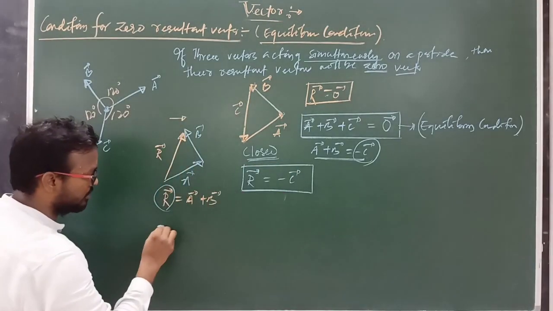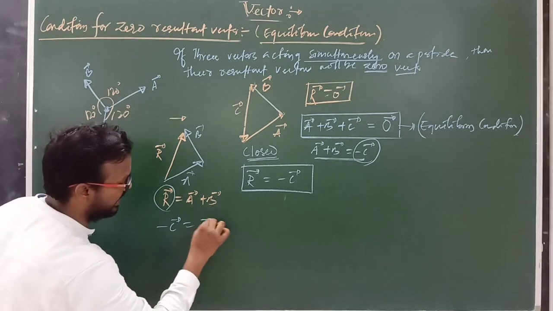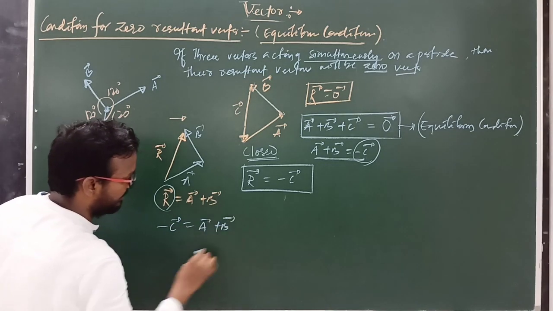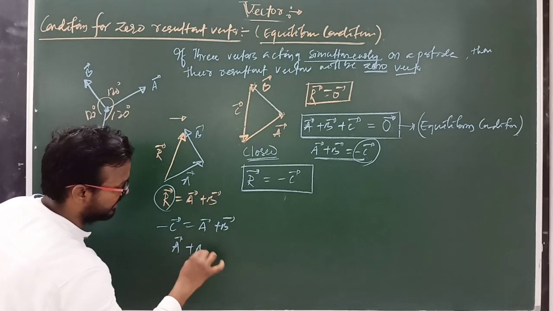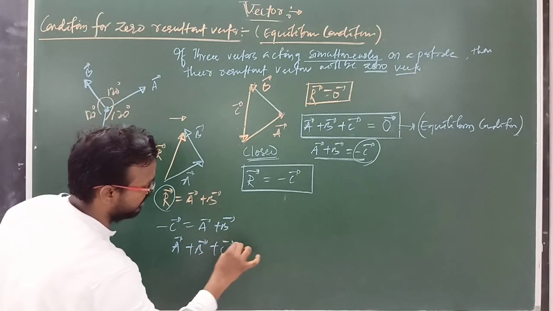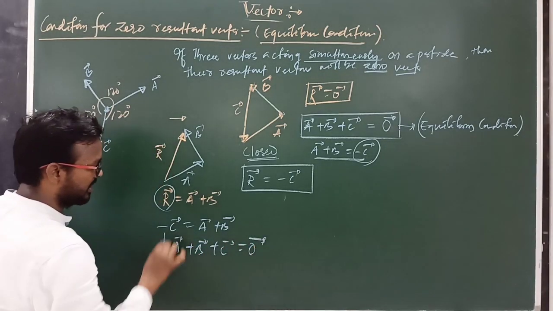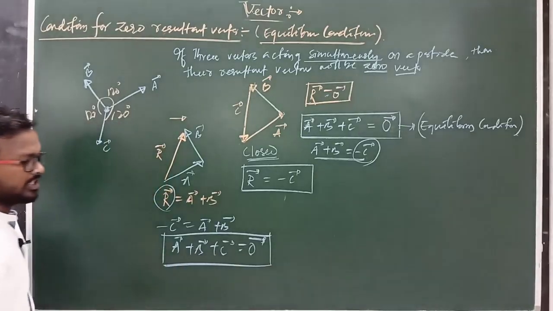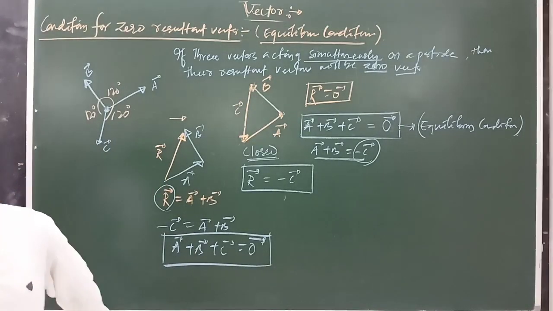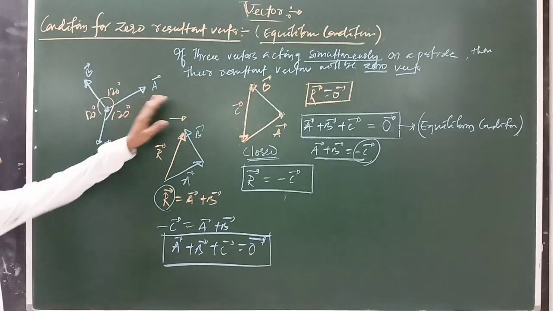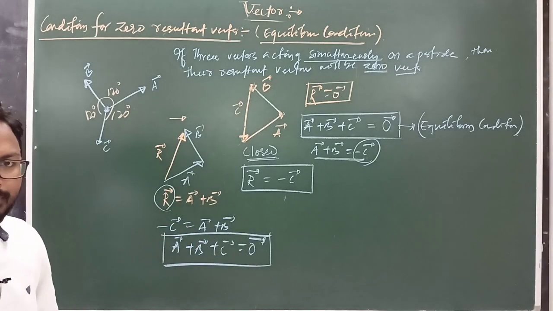If you use the relation minus C equal to A vector plus B vector, that means A vector plus B vector plus C vector is equal to 0 resultant. This is the condition for zero vector or the equilibrium condition if three vectors act simultaneously on a particle.